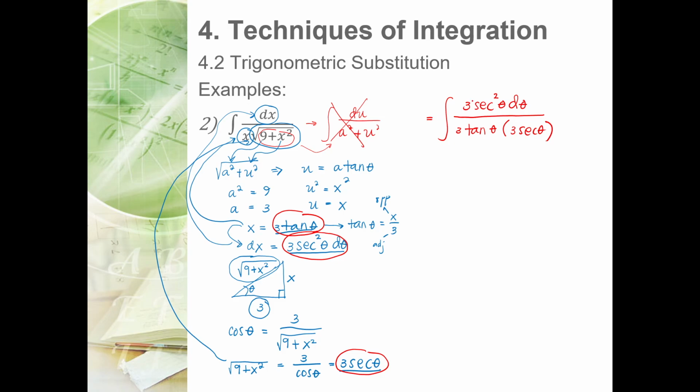Simplifying first by eliminating the 3, eliminating one secant in the numerator against the secant theta in the denominator, what's left is the integral of secant theta d theta over 3 tangent theta.